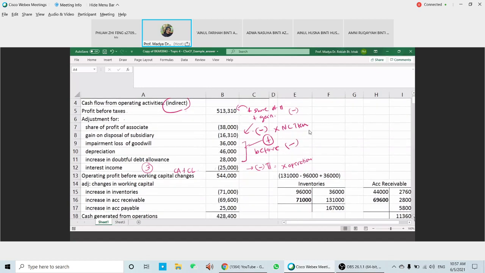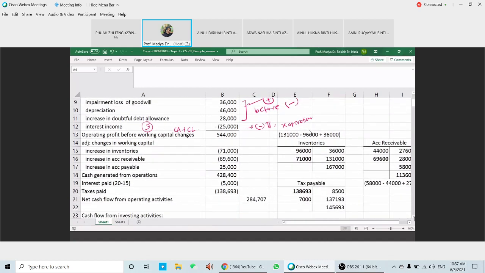For working capital, you look at the increase in inventory. Where do you get that 71? How did you get 71? You need to calculate plus minus. So, increase in inventory. Any idea where to get that 71? Any of you have an idea of how to restore this figure?